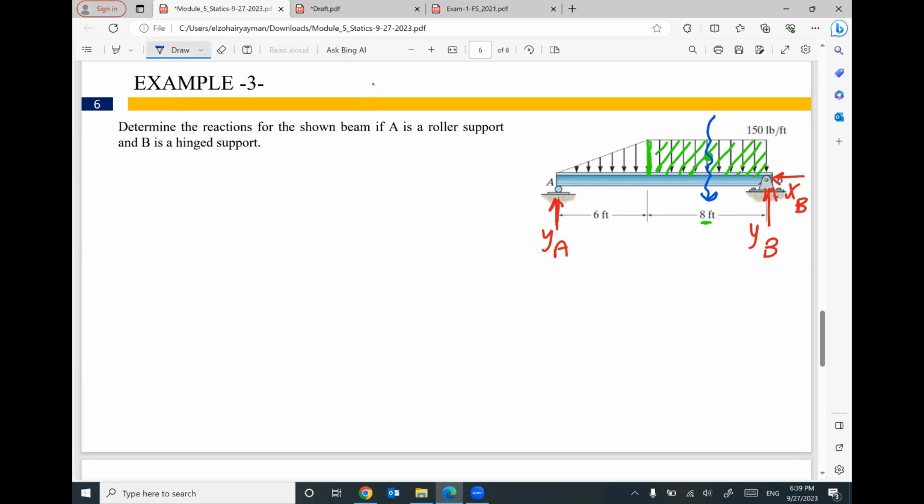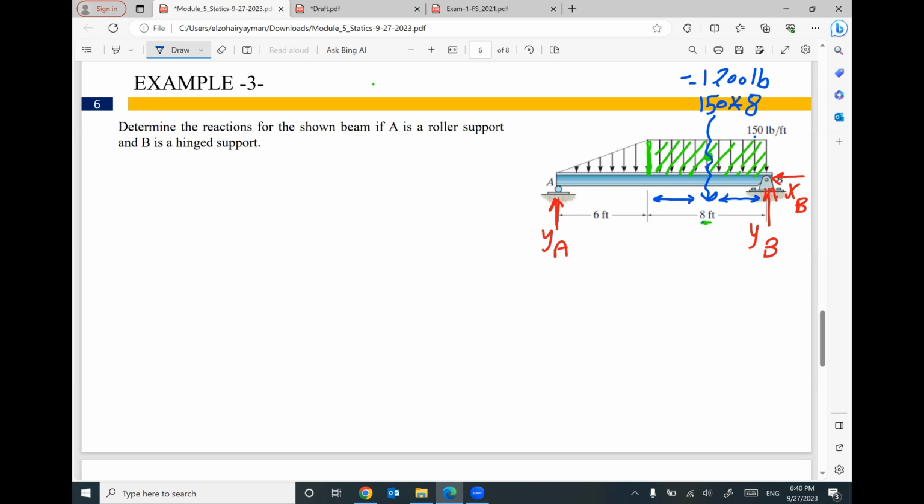How much? 150 times 8. It will be 1,200 pound. And this distance will be 4, and this distance will be 4.